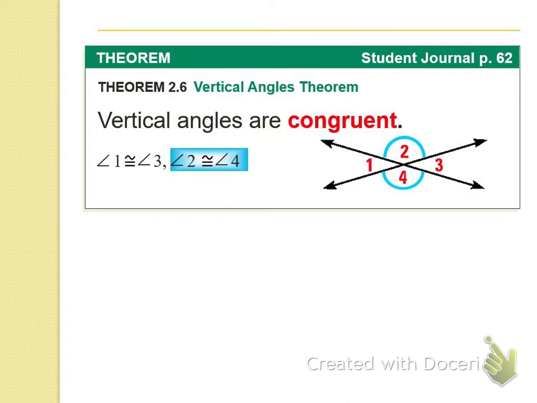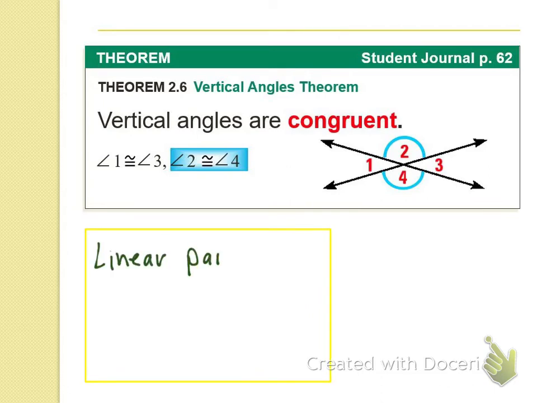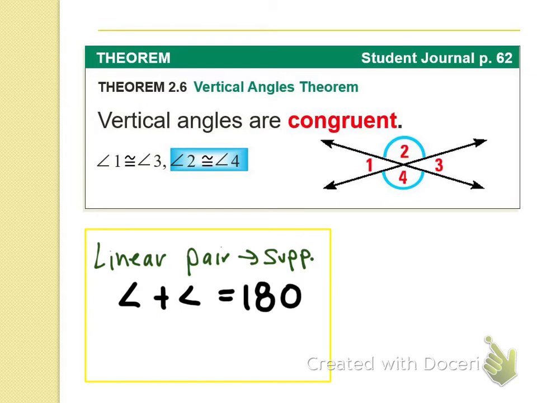So here's what you're going to do if you have vertical angles. I'm going to give you a little cheat sheet here. If you have a linear pair, they're supplementary, which is what we just said. So what is the very definition of supplementary? They add up to 180, right? So you're going to take the two angles, they add up, and they equal 180 degrees.